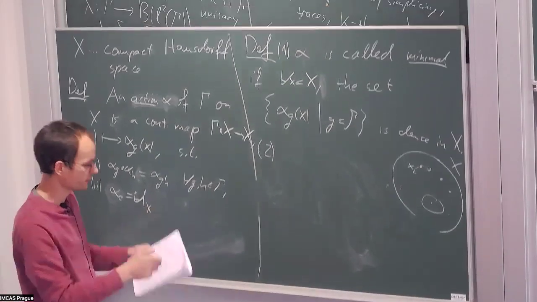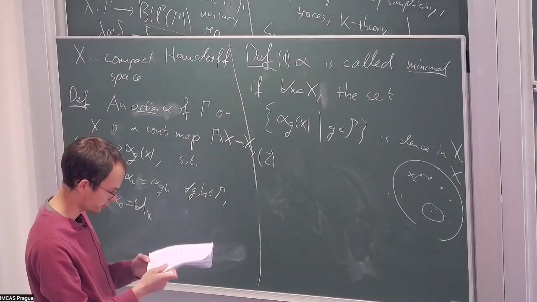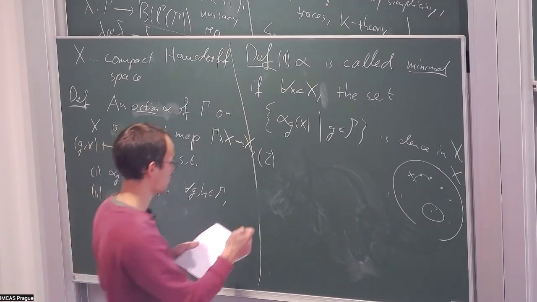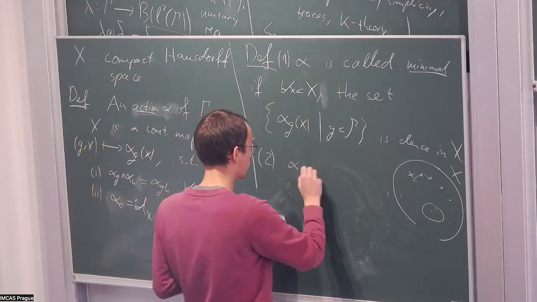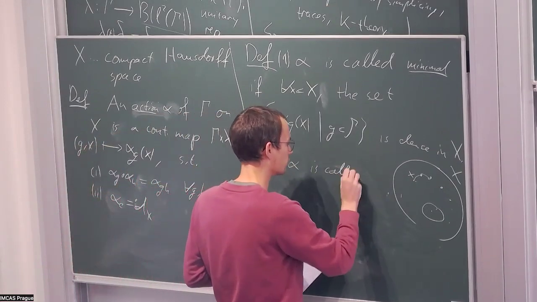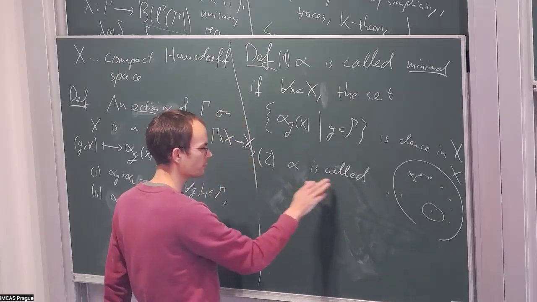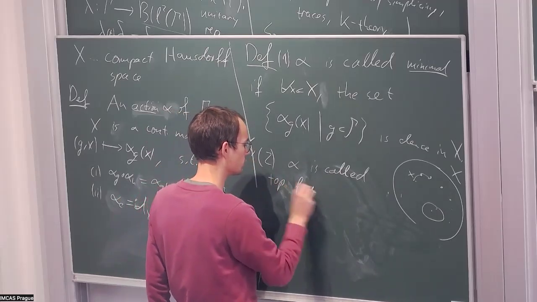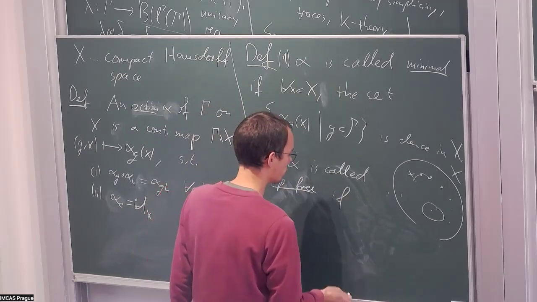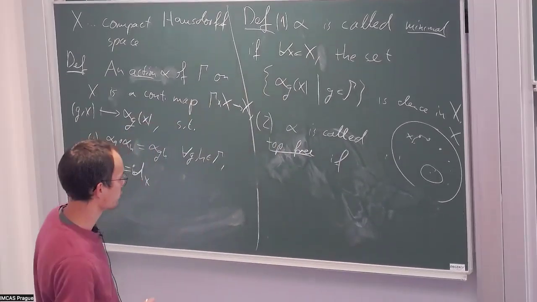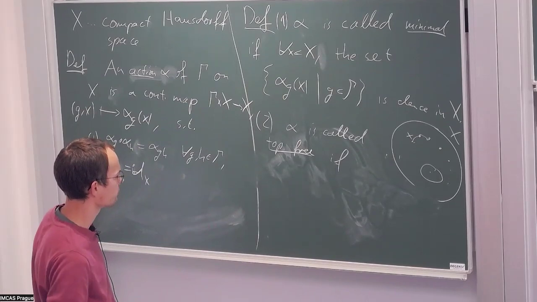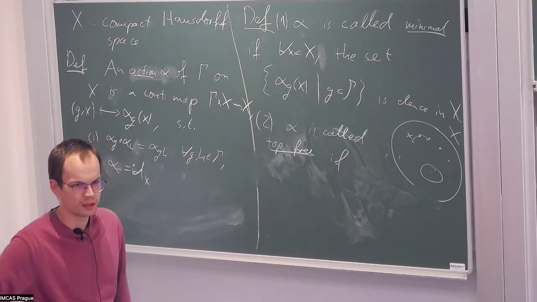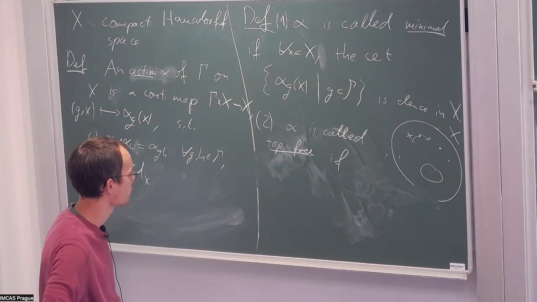Okay, I think I slightly got confused in my notes, so I'll just change course. So we forget about fixed points, we don't need them. Alpha is called topologically free if the following set, no, sorry, I'm mixing something up.